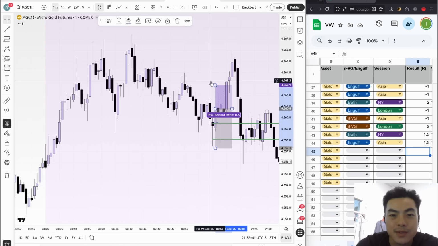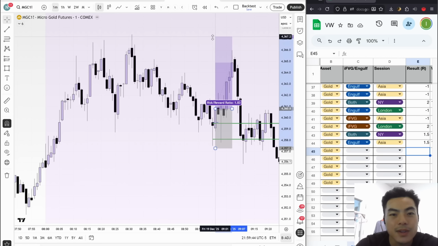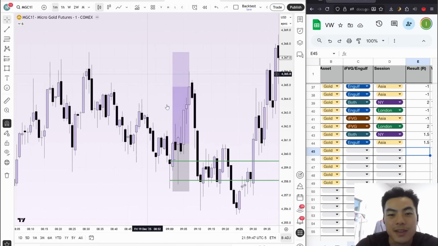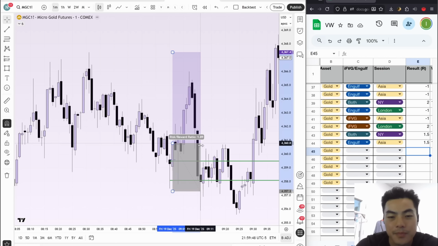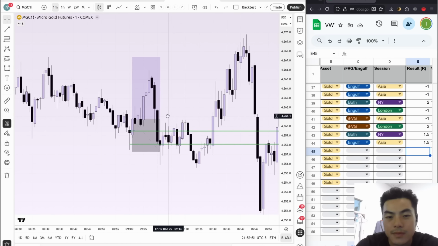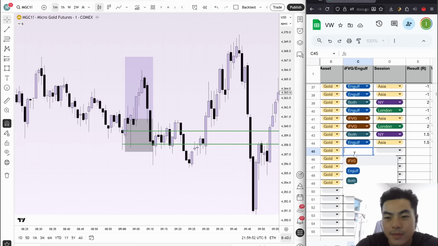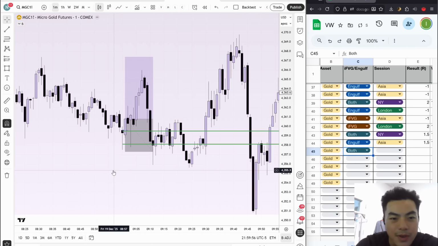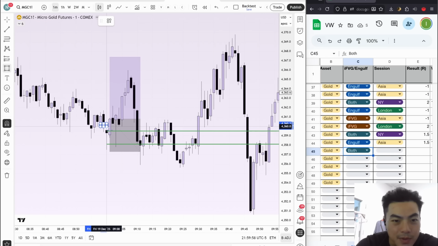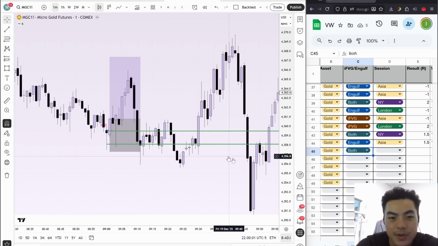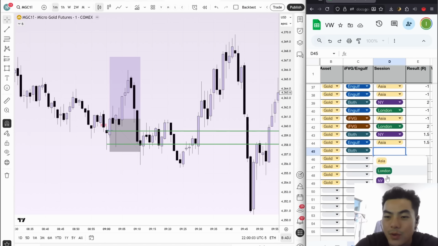Stop at those lows. Yeah, I would target that. Get stopped out. So you have an inverse fair value gap as an entry there as well. So that's both. New York loss.